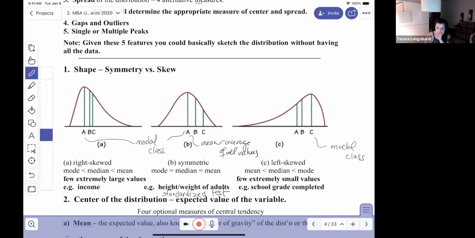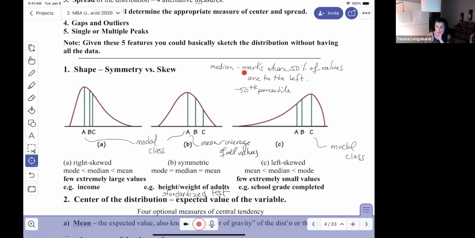The median is a percentile. It's known as the 50th percentile. It's where 50%, half of the values, lie to the left of it.